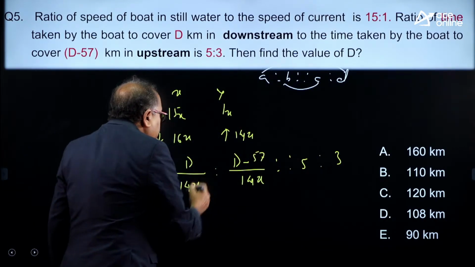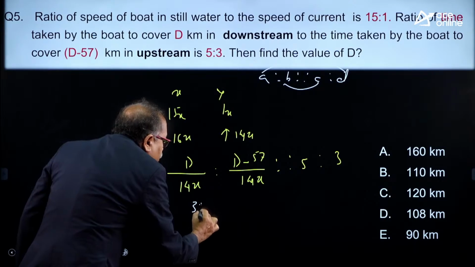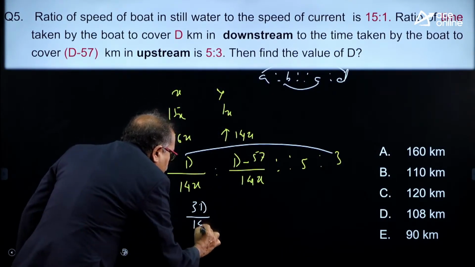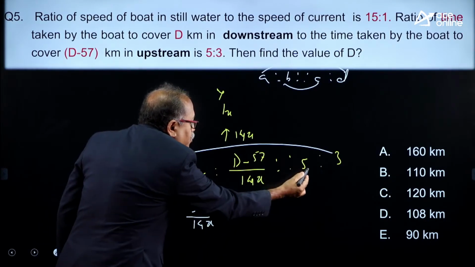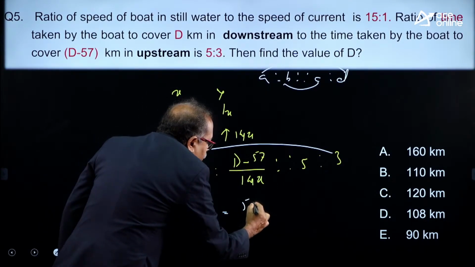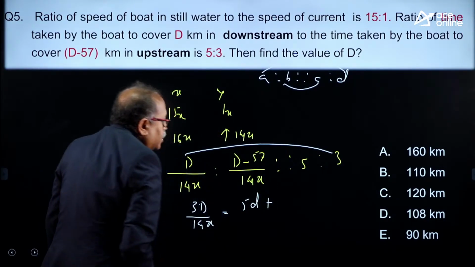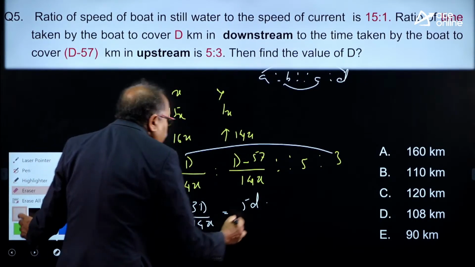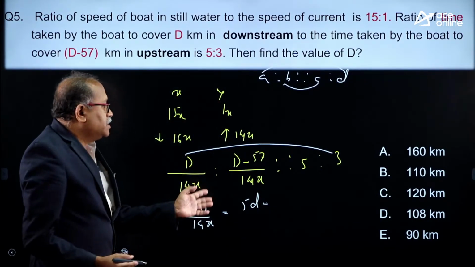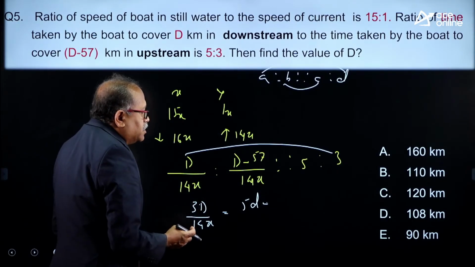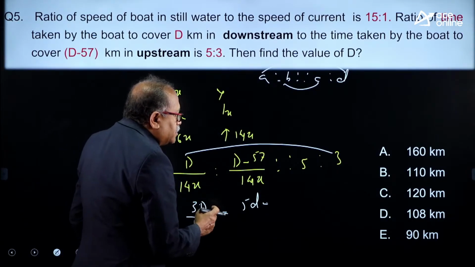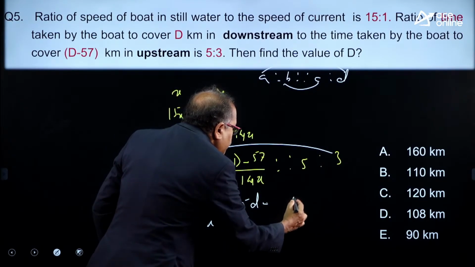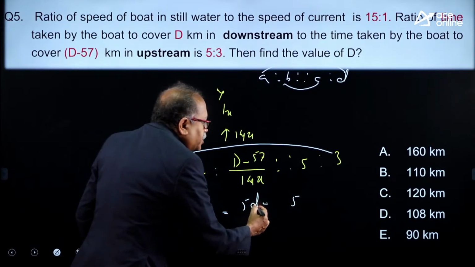That is 3d, this product of extreme, by 14x is equal to 5 times d minus 57. 5 times 7 is 35 and 5 times 5 is 25, carry 3 and 28.